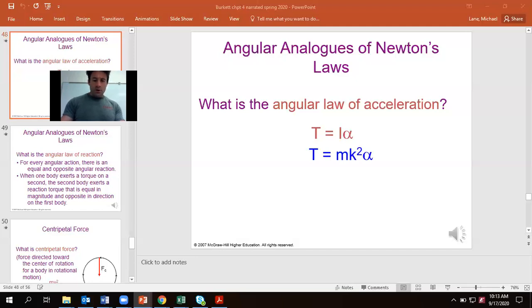And that is going to be equal to the torque required to get it to that speed. So that's how we would solve for the torque.